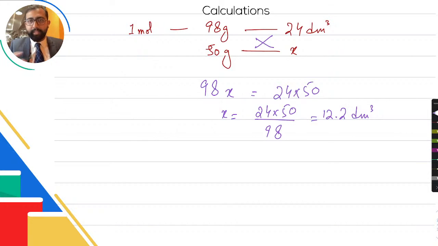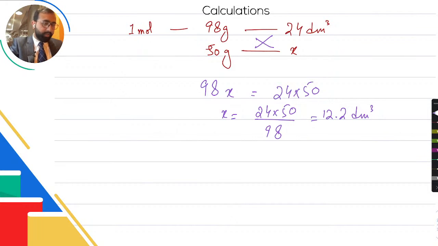I know it's really simple maths, nothing fancy going on, but I'm really proud of this method, to be honest, because it works. In every single question that I've seen in moles for O levels, A levels, or even beyond, it works. It's really, really simple.